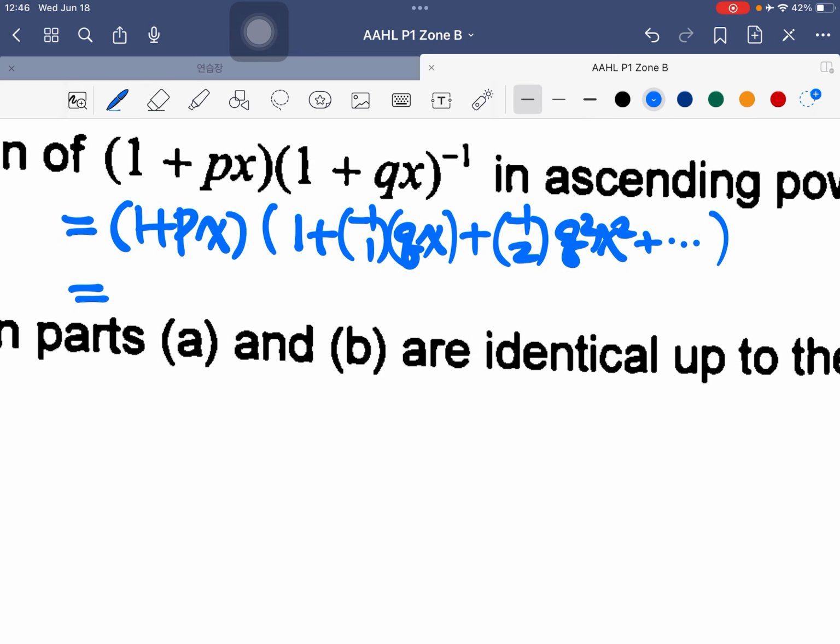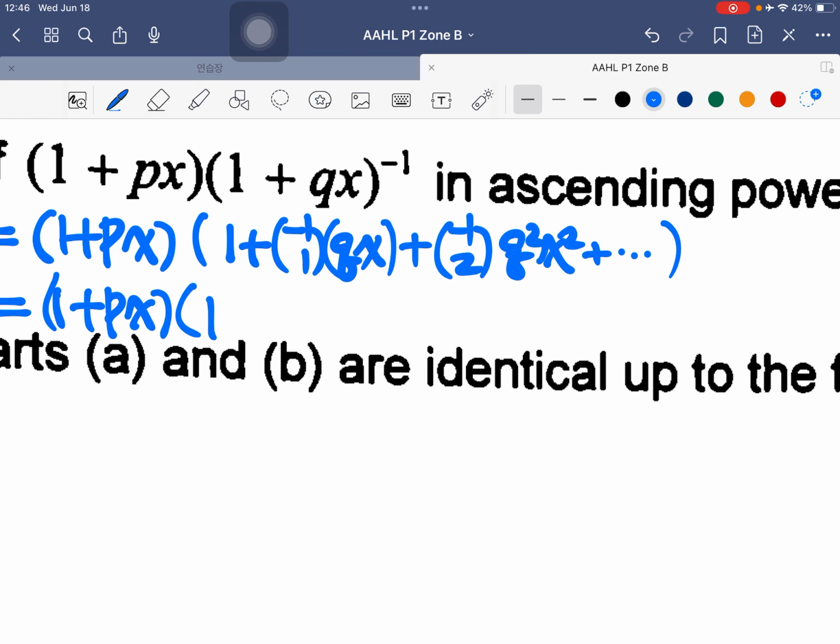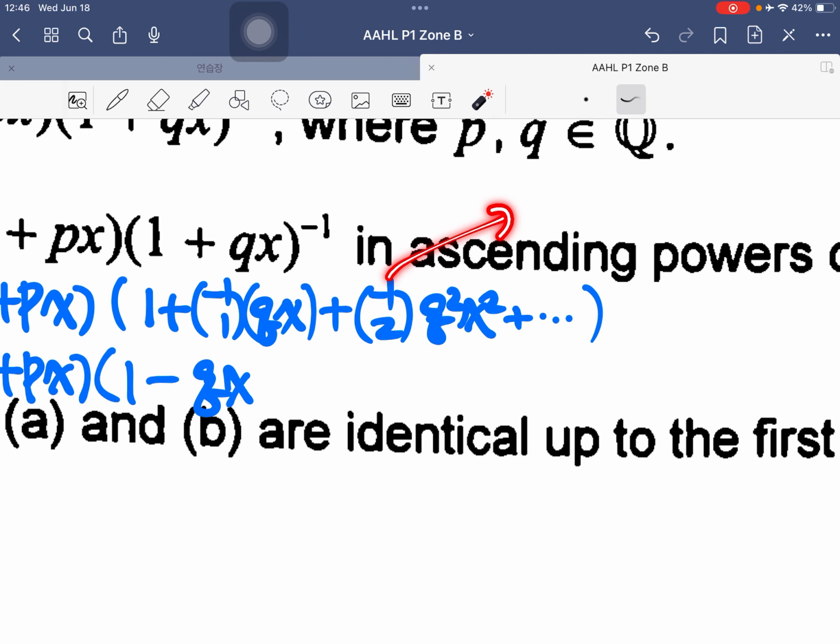yeah, let's simplify one more time. So it's going to be 1 plus px, 1 minus q of x, and this one over here, minus 1 combination 2 is minus 1 times minus 2 over 2 factorial, which cancels out, it becomes just 1.